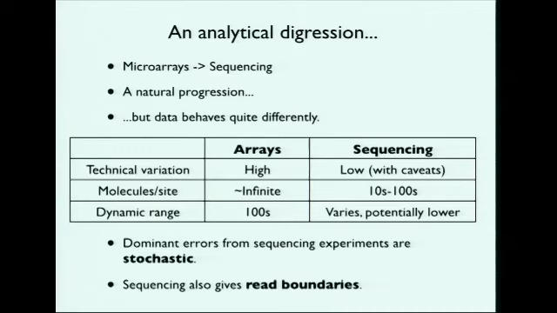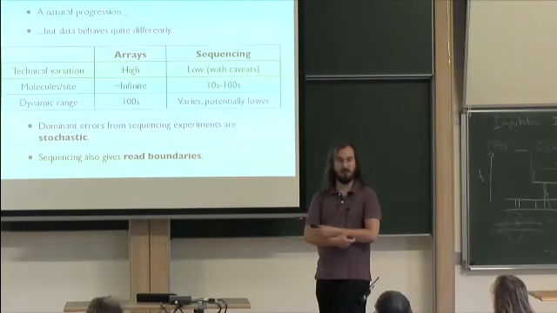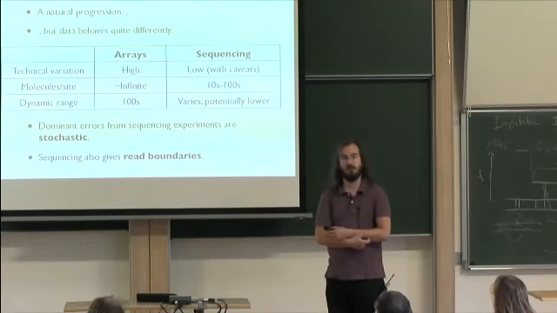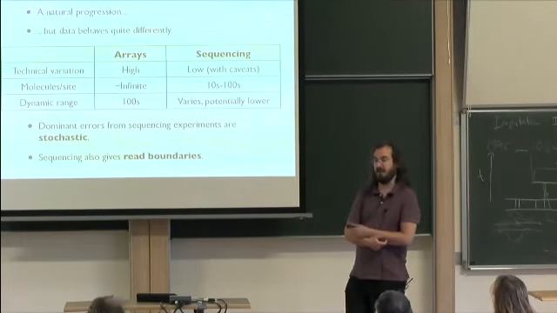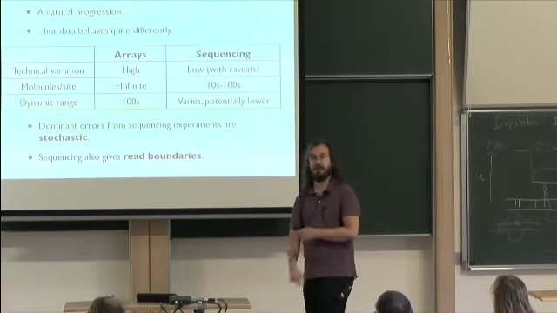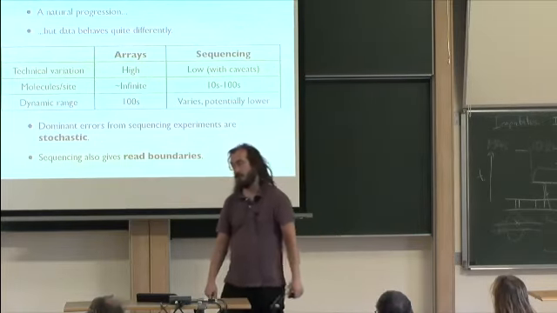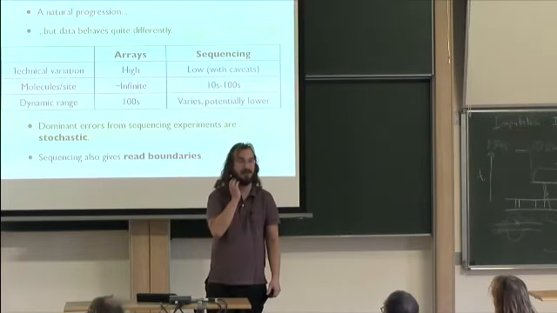In particular, for things like MEDIP, where you're looking at signals distributed very widely across the genome, increasing the efficiency of enrichment isn't necessarily a good thing, because you can very easily swamp your available dynamic range.